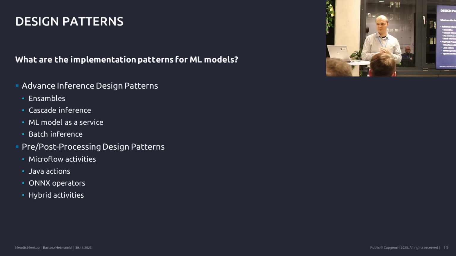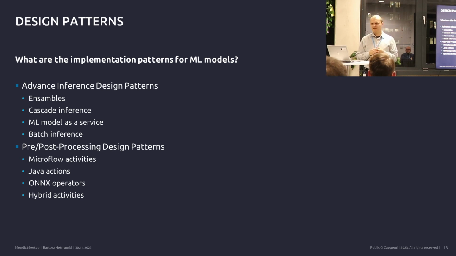The pre and post processing design patterns. That's microflow activities. An input to a machine learning model can be either a matrix or a tensor, or it can be a simple data type, so it can be a string or a decimal, right? It depends on the inputs and outputs of your machine learning model.